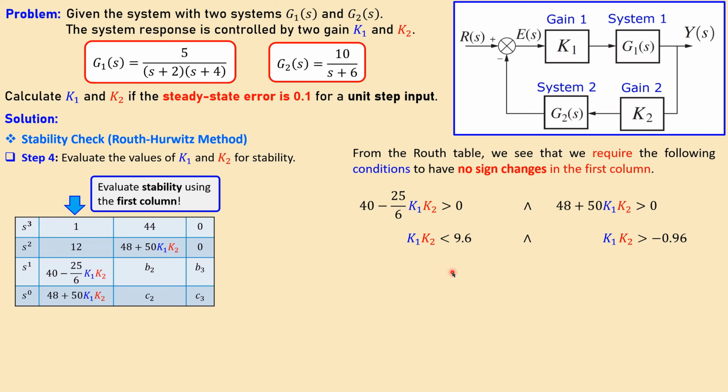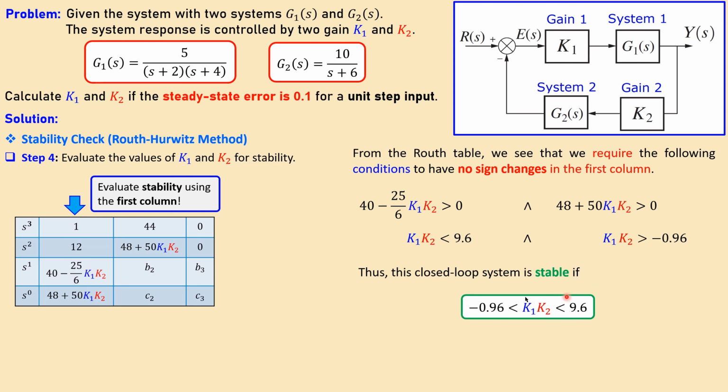That's the conclusion here. But from this analysis, I get K1 times K2 must be larger than minus 0.96. So I have two conditions. The closed system is stable if I satisfy this condition: the product K1 times K2 larger than minus 0.96, but smaller than 9.6.